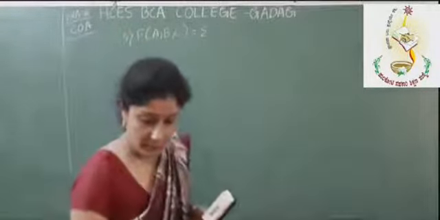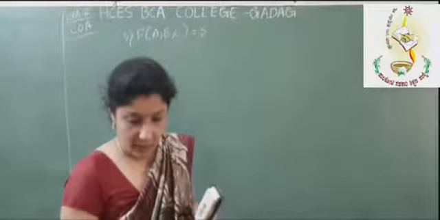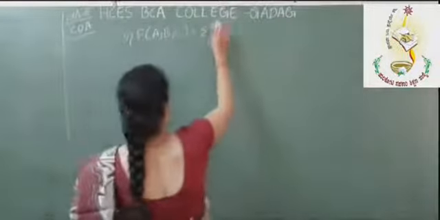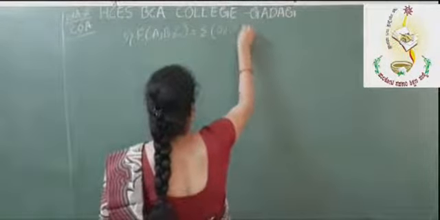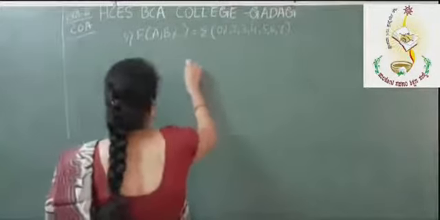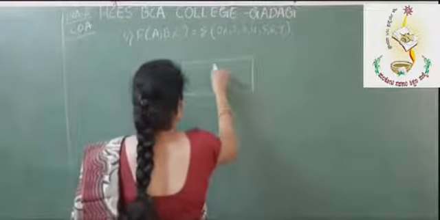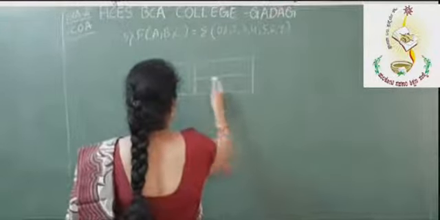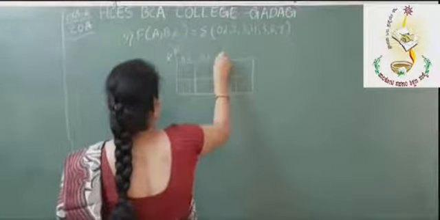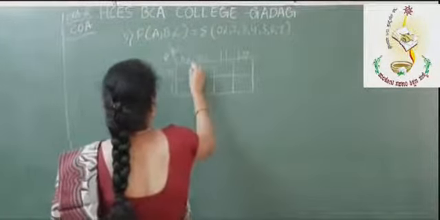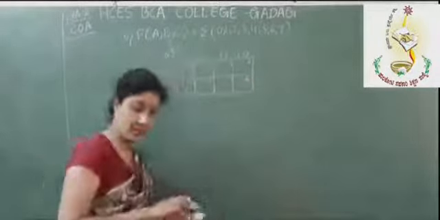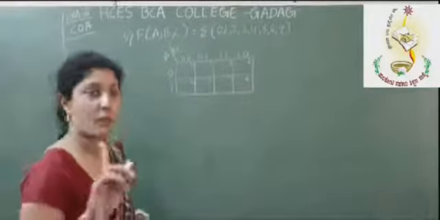Now the next one is 0, 1, 2, 3, 4, 5, 6, 7, means all. See, in this, all the values are 1 here.